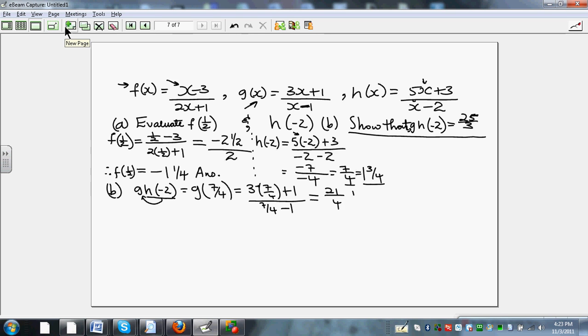Plus 1. That 1 could be written as 1 over 1. And the bottom part here is still 7 over 4, minus 1. And that minus 1 could be written as minus 1 over 1 as well. If we are to work this out, we have to continue. Let's see what happens next.